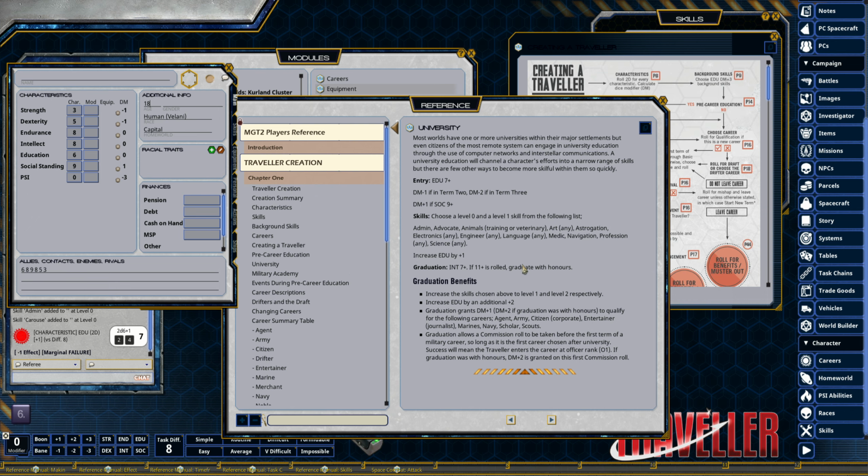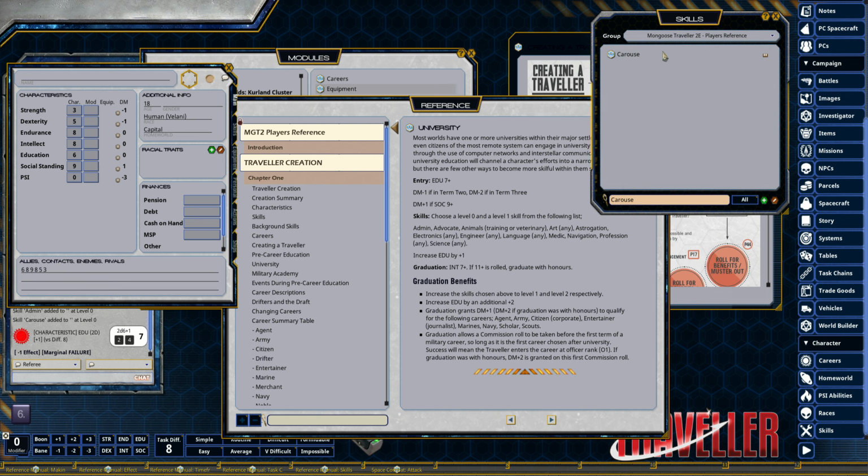Let me go ahead here and I'm going to take, where did my skills go? There we go. I'm going to go ahead and take electronics at 0. And you'll notice that there's the electronic skill, and then there's comms, computers, remote ops, and sensors. These are specializations.